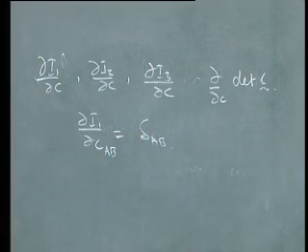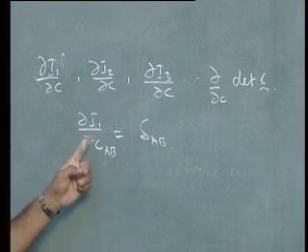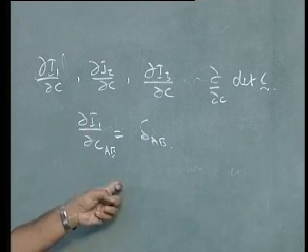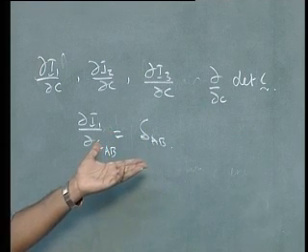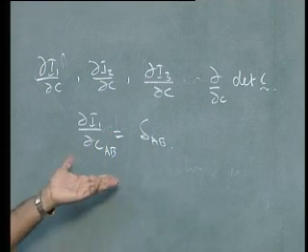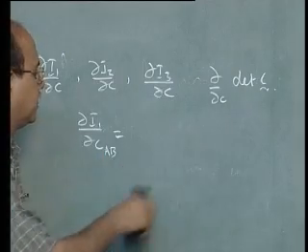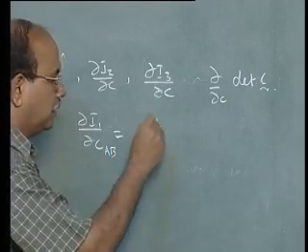In other words, dou I1 by dou C11 is delta 11, which is equal to 1, and so on. So obviously, it's an excellent answer that this is going to be I.